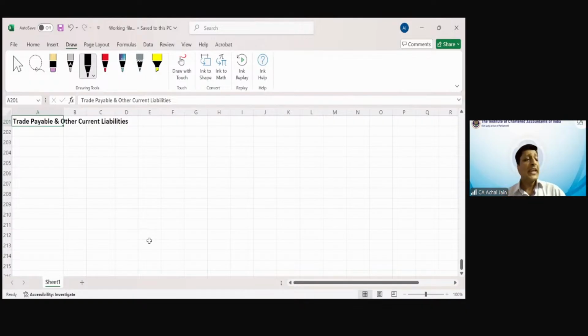Yeah. So can you tell me your understanding of trade payable? What is a trade payable? Anyone? What do you understand by trade payable? I think this is a very, very common item and something which you find in the financial statements, in the books of accounts, very commonly.